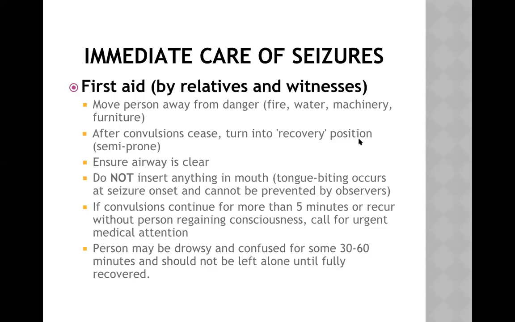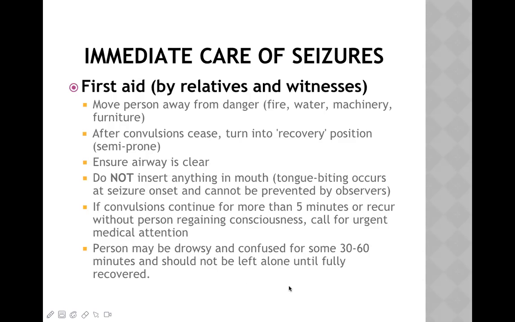That's why in a comatose case, always put the patient into recovery position. That is the important point. And ensure airway is clear. If there is some vomitus, remove it. Then slight extension of the head should be done.